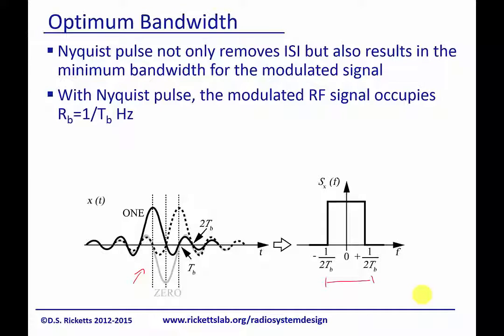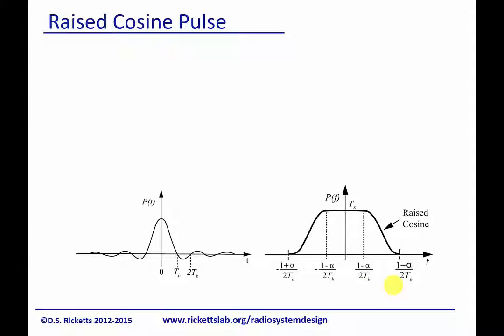So with a Nyquist pulse, the modulated RF signal occupies 1 over TB. So the total bandwidth here is 1 over TB, right, for frequency that's there. And so this would be the minimum bandwidth that you could use. It turns out, though, it's actually not very easy to create a Nyquist pulse.